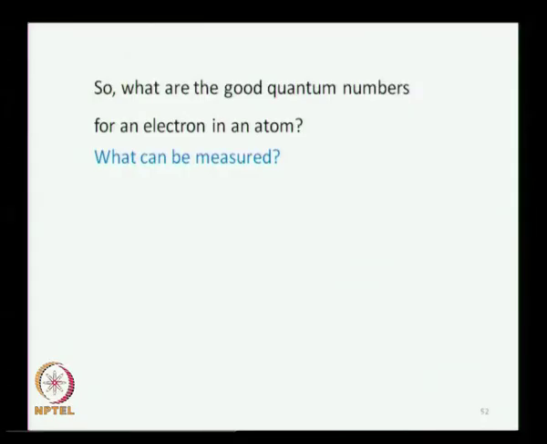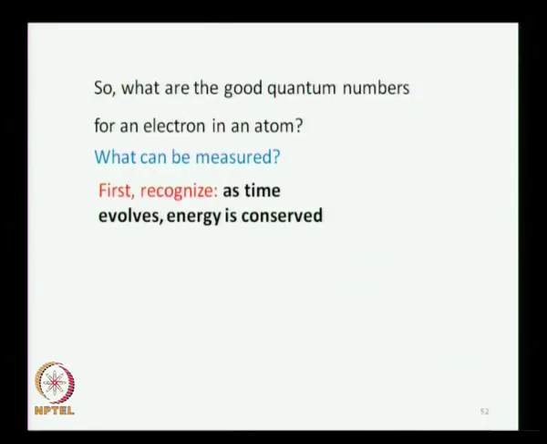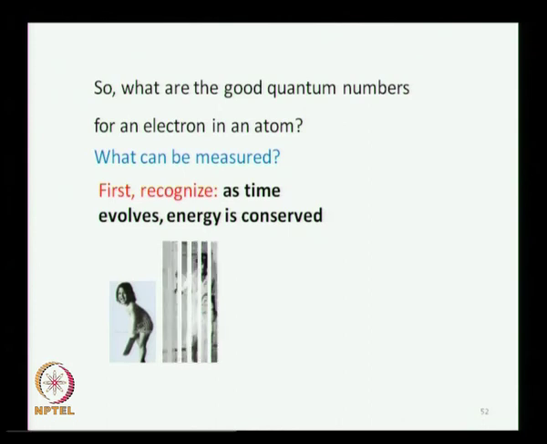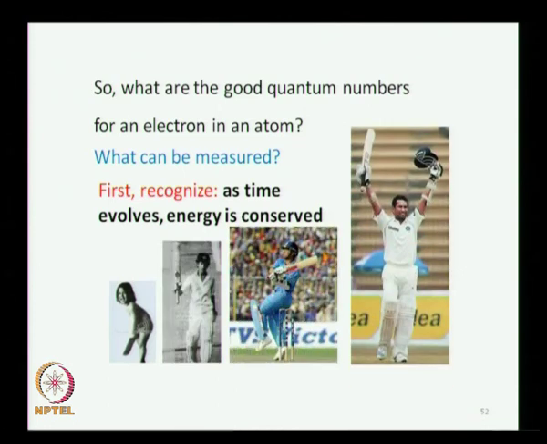The first one, of course, is the energy, and you are basically asking the question, what is it that you can measure? Since energy is conserved as time progresses, and the example that I like to give is this hero whose energy seems to be conserved no matter what happens.